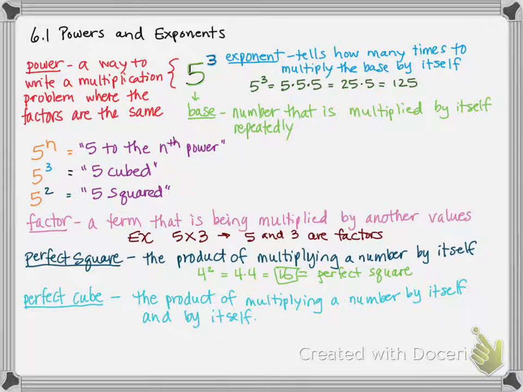So an example of that would be 3. No, let's try a different base. Sometimes it gets confusing where they're the same. We'll just stick with 4. 4 cubed would be 4 times 4 times 4, which would be 16 times 4, which would give me 64. So 64 is called a perfect cube. Okay? All right. I'm going to go to my next screen.